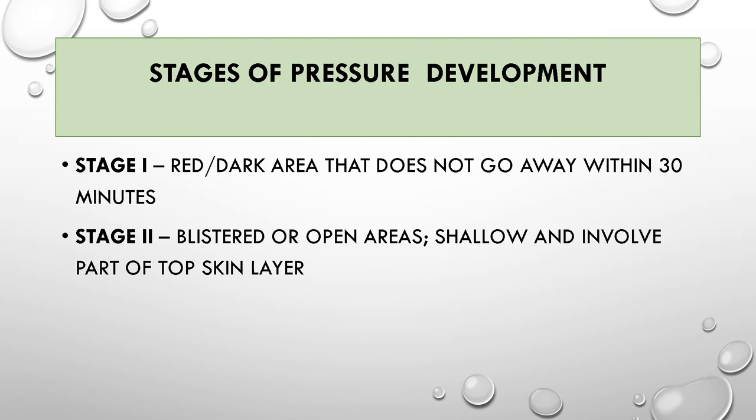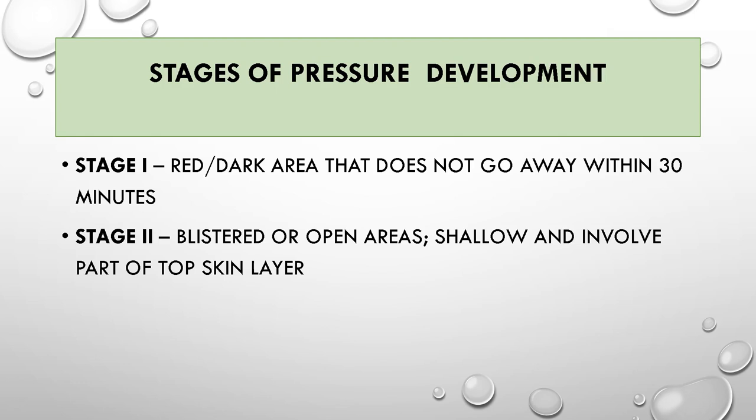Pressure injuries are categorized in 4 stages of severity, and they progress through each stage. Stage 1 is the least severe, and that's the beginning of a pressure injury. The skin is still intact, but is red, like we just talked about, or dark, depending on the color of their skin, and that area does not go away after 30 minutes.